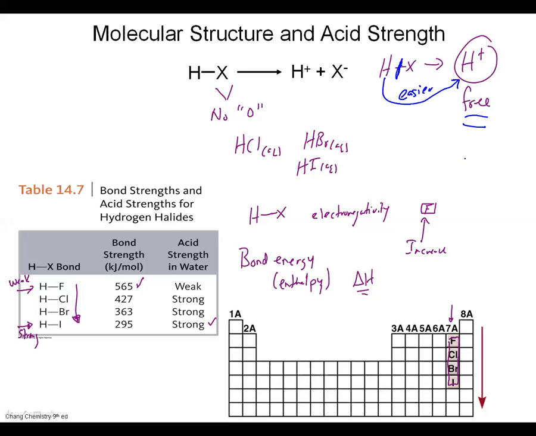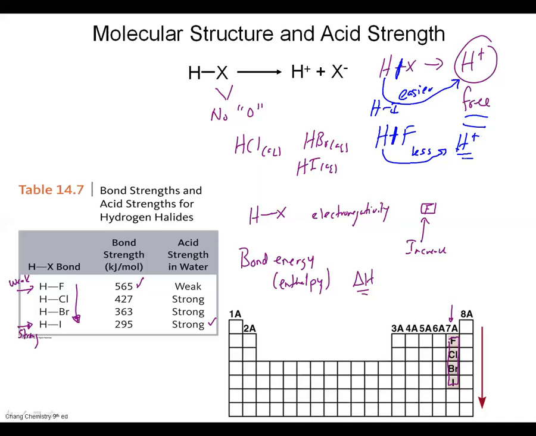As opposed to HF, it takes about 2 times the energy to break this bond, which means less of it is going to come off compared to HI, for example. You'll get less H plus, and because you're producing less H plus, HF would be a weaker acid than something like HI, which can break that bond easier, liberating free H plus and being a stronger acid.